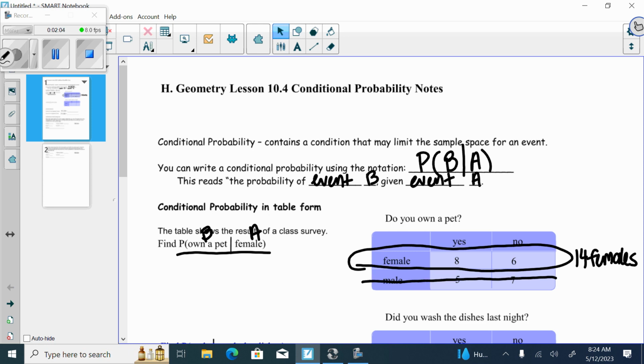They are not part of my sample space, because according to event A, I'm only supposed to be looking at the females. Okay? So there were 12 males? Those are not part of our sample space. We're only worried about the 14 females. Okay, so here, we would say that the condition female is what is going to limit our sample space.